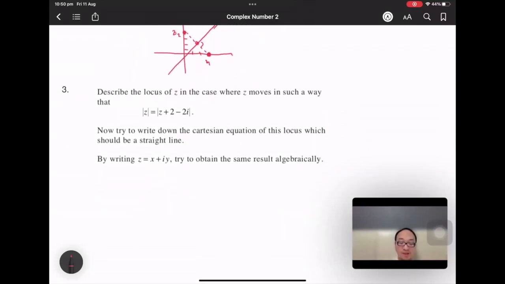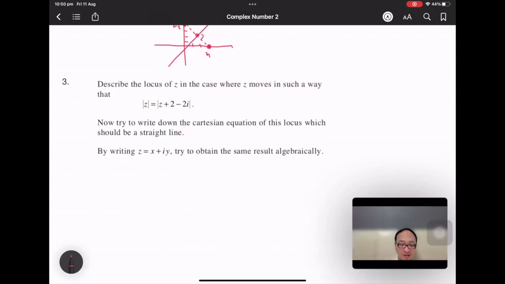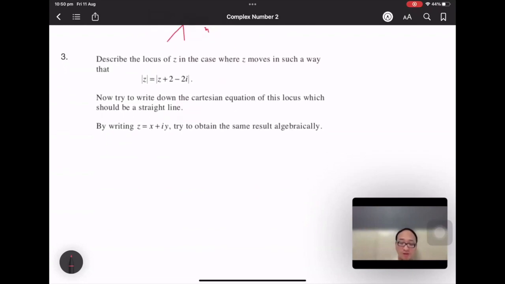For example, number 3 again. So Z equals this. That means this is the distance of Z minus 0 and Z minus minus 2 plus 2i. So the coordinates will be (0, 0) and (-2, 2).